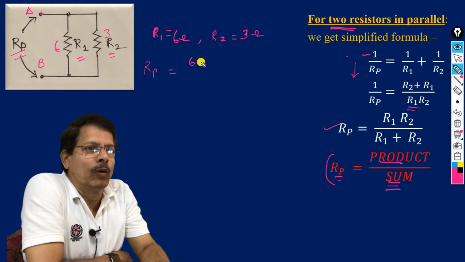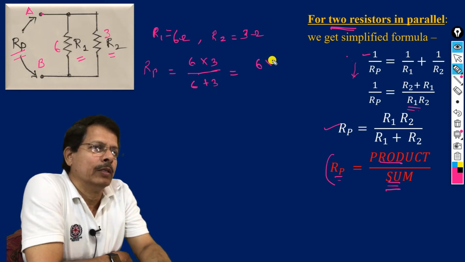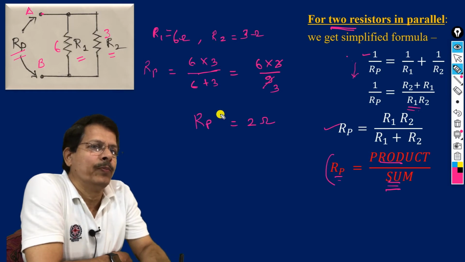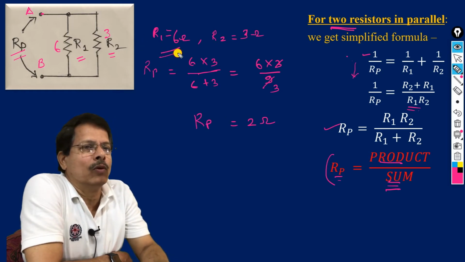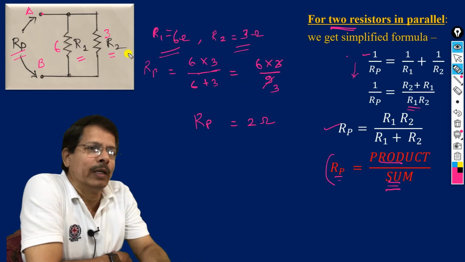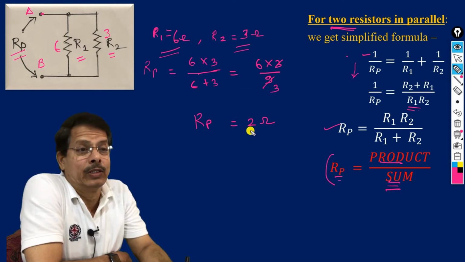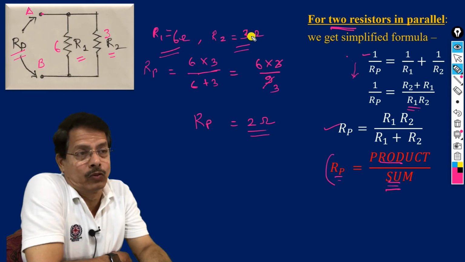So take the product of both, 6 into 3, sum 6 plus 3. So that will be 6 into 3 upon 6 plus 3, which is 9. So 3 cancels with this, and you can see that this is 2 ohm. So when 6 ohm and 3 ohm are connected in parallel, the resultant resistance is just 2 ohm, and you see that this is smaller than the smallest one.